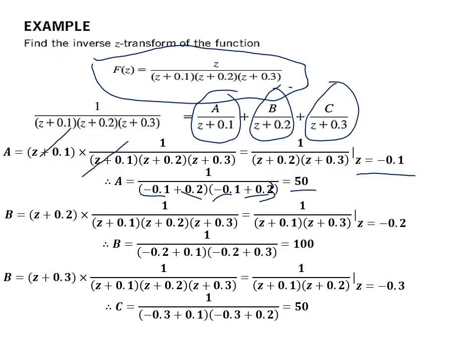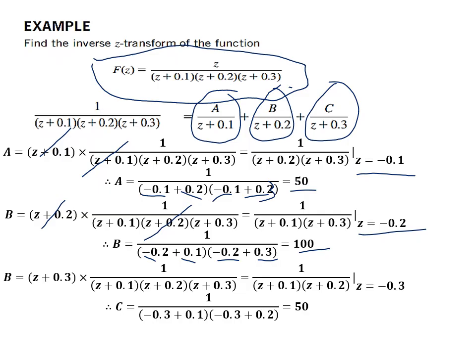For the value of b, we multiply the left-hand side by z plus 0.2, cancel z plus 0.2 with z plus 0.2, and substitute z equals negative 0.2. We will get 1 divided by negative 0.2 plus 0.1 times negative 0.2 plus 0.3, which is equal to negative 100.